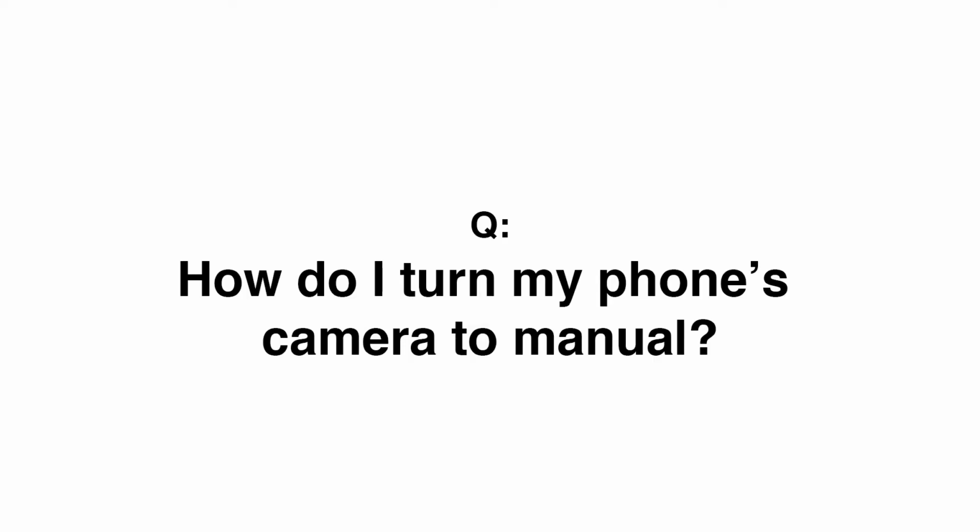Well, I don't understand how you get on an iPhone or Samsung to manual. It's in the settings. I don't know every camera. I know my cameras and my cell phone, but in a cell phone, usually when you're in the picture app, about to take a picture, there's a settings button.